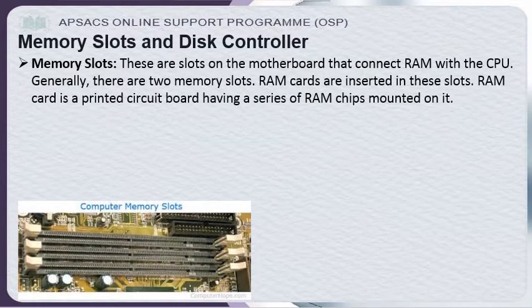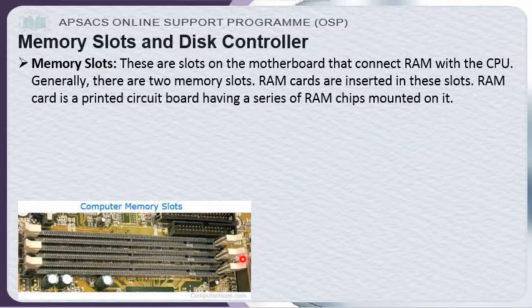Memory slot and disk controller. What are memory slots? Whenever you want to connect a RAM to your motherboard, we use a memory slot for that. These are slots on a motherboard that connect RAM with the CPU. Generally, we got 2 slots or 4 slots available on a motherboard.